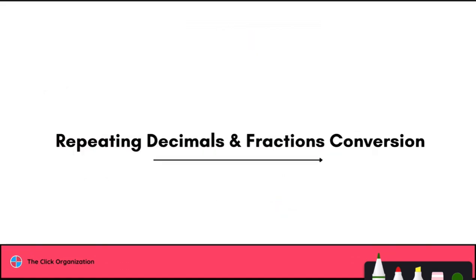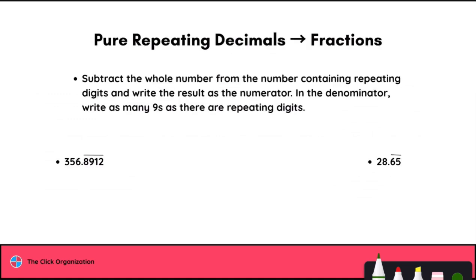So yeah, this was all about repeating numbers and decimals and types of them. So now let's get started. Repeating decimals and fractions conversion. We can convert repeating decimals, whether they're pure or mixed, to fractions. How can we do that? We first subtract the whole number part from the number containing all the digits, no matter if they're decimal, whole, or repeating, all of them combined.